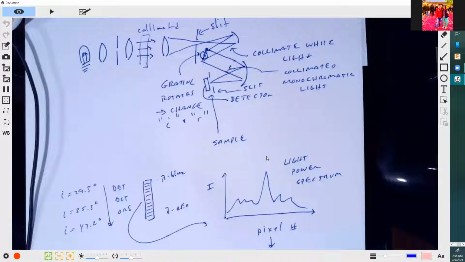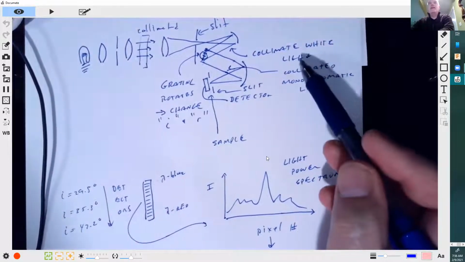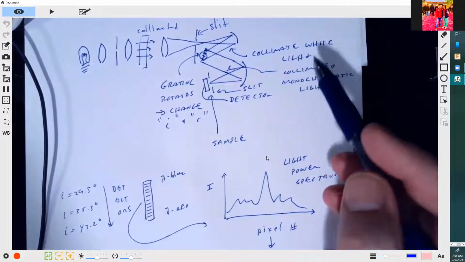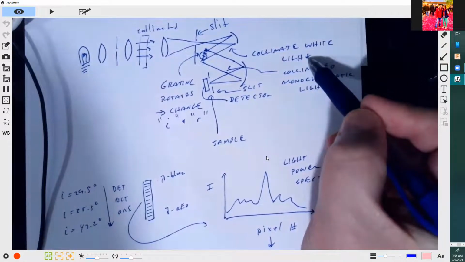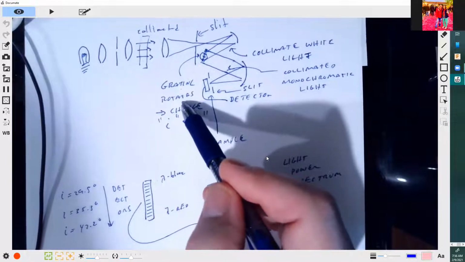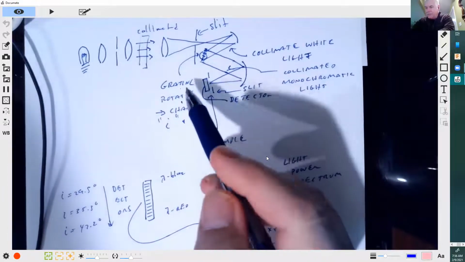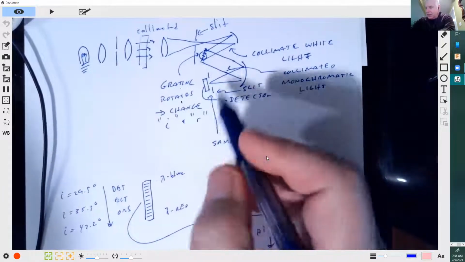Under the picture, collimated light. You're trying to decompose my hieroglyphics. Here, more to the left. Okay, this is light, and this is grating. It rotates and changes.